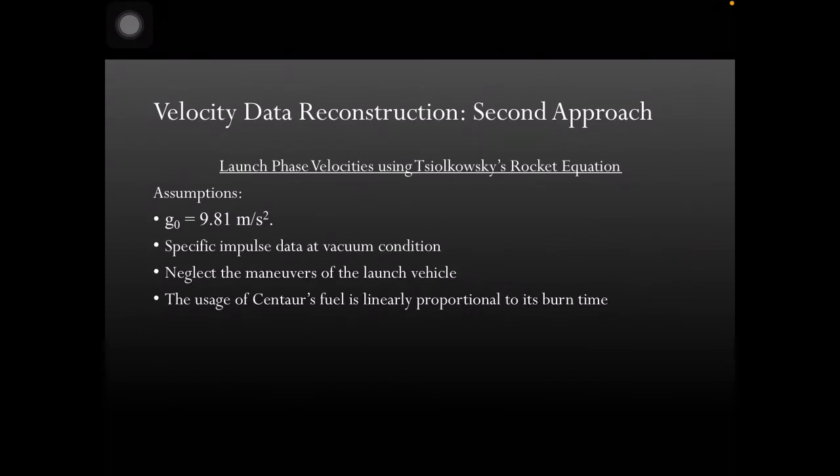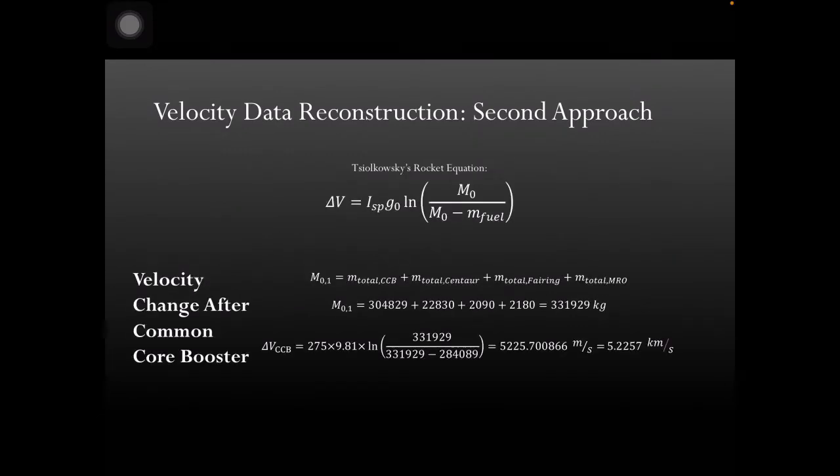Alright, Tsiolkovsky's rocket equation is used to obtain the velocity change after each burn in the launch phase, and we need to calculate each phase's total mass and fuel mass.